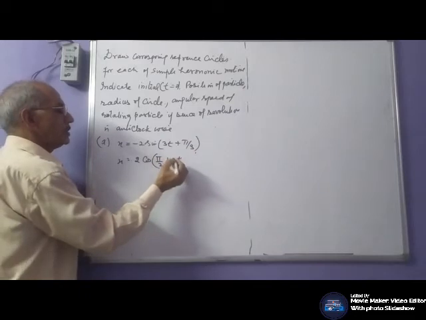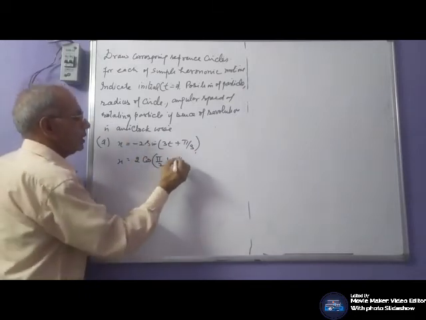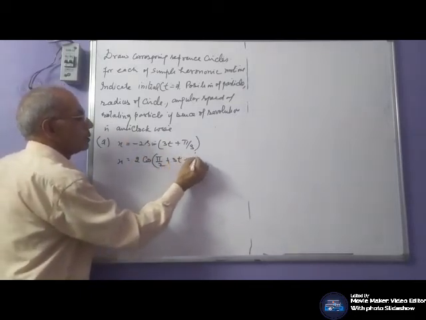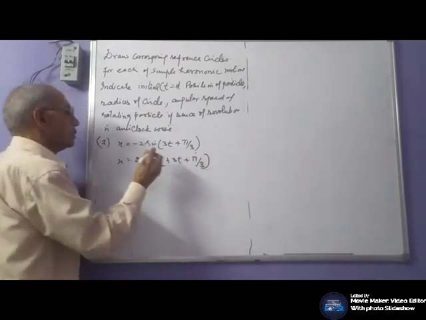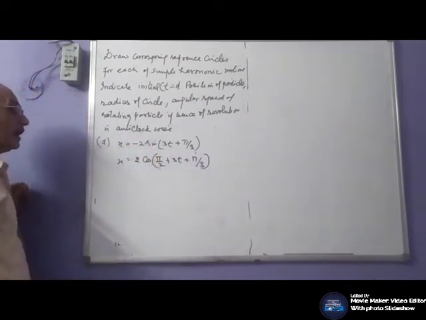So 90 plus theta minus. This equation can be rewritten like this.